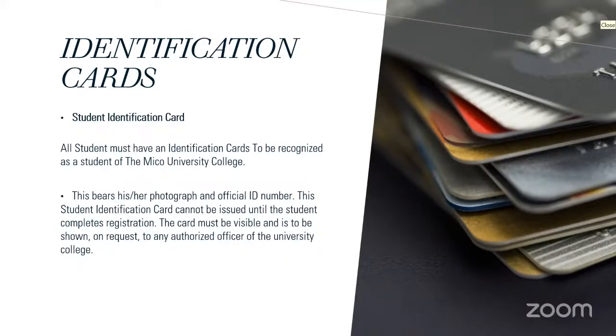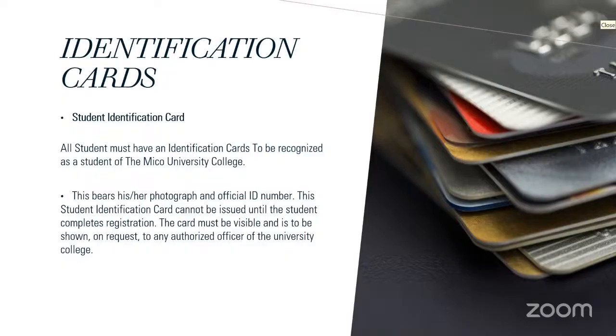However, it's mandatory that all students must have their identification card so that you are recognized as a student of the university college. The student identification card cannot be issued until you have completed your registration.